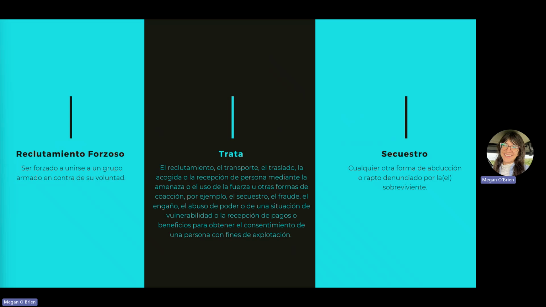It's a long definition, but trafficking is a complicated issue. If you need a copy of that definition, let me know and I can be sure to get that to you. Then there's an option to select other abduction or kidnapping, which can be marked if any other form of abduction or kidnapping was reported by the survivor.